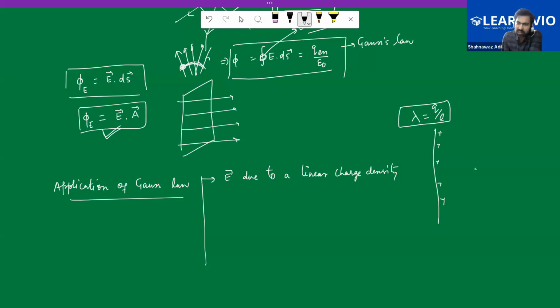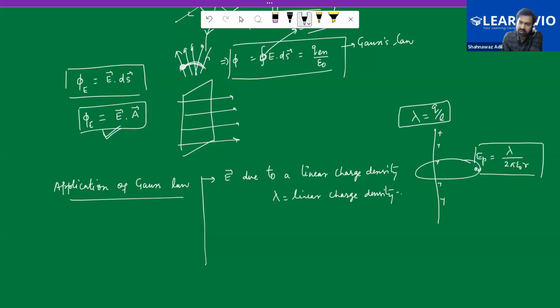And for the electric field at a certain point, let's say at this point, this would be lambda by 2 pi epsilon naught r. So this is the electric field of a linear charge, where lambda is linear charge density, which is Q by L, right?